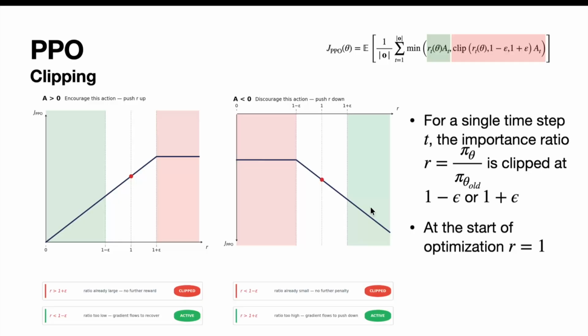In that region, the unclipped objective remains active, so the gradient can push the ratio back down. So the key idea is, PPO clipping allows useful updates, but it prevents the policy from changing too aggressively in one optimization step.